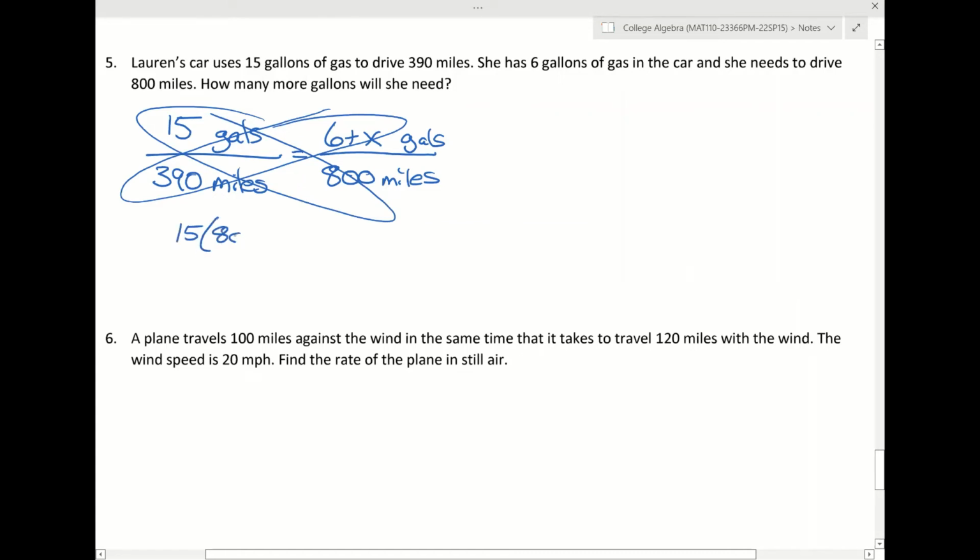15 times 800 is equal to 390 times 6 plus X. 15 times 800 is 12,000. 390 times 6 is 2340, plus 390X.